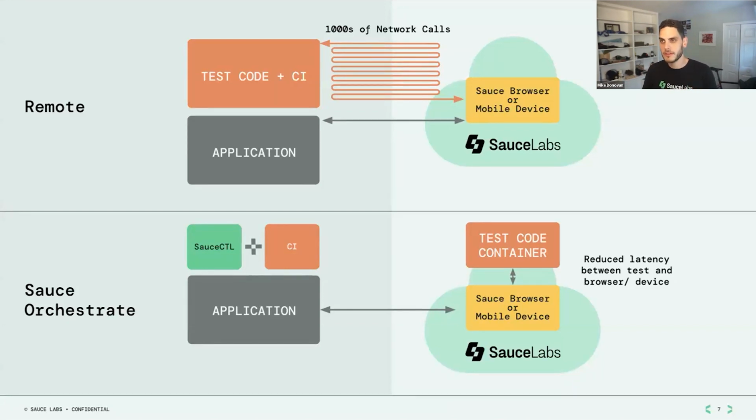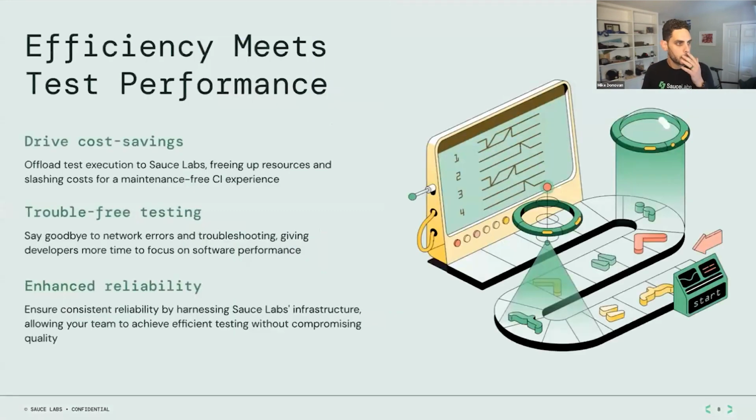Let's talk about some of the benefits, because this is why we're so excited. The first thing is that Sauce Orchestrate definitely helps drive efficiency in your overall testing practice. You have less to maintain in your CI environment.